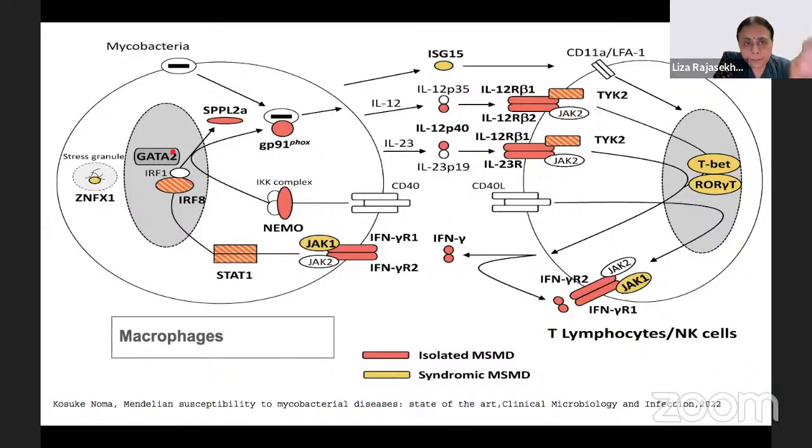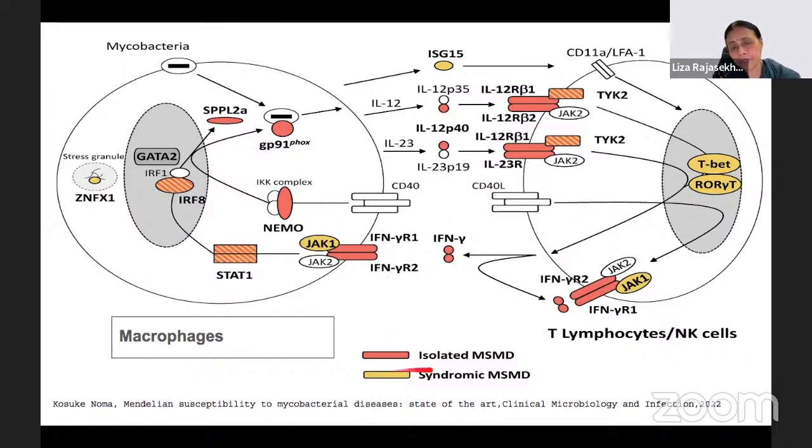In this pathway, many mutations are described, and some of them lead to isolated MSMD. That means all those proteins which you are seeing here marked in red, that means the IL-12 receptor beta 1, beta 2, the interferon gamma receptor 1, receptor 2, and the IL-12p40, interferon gamma by itself.